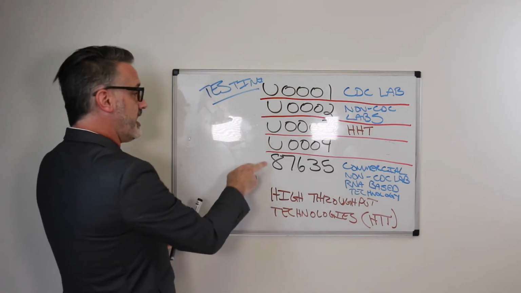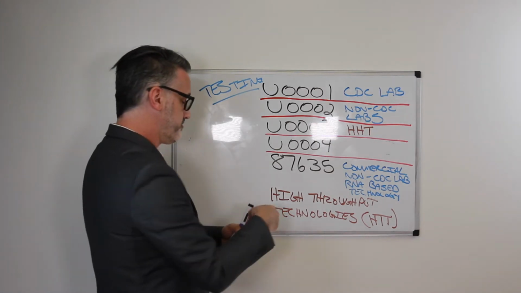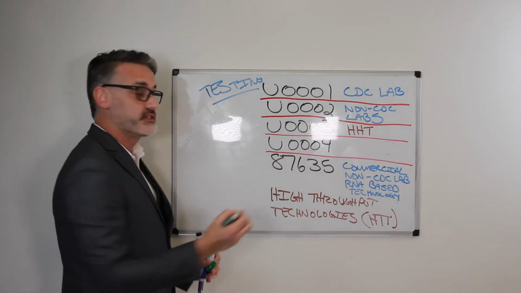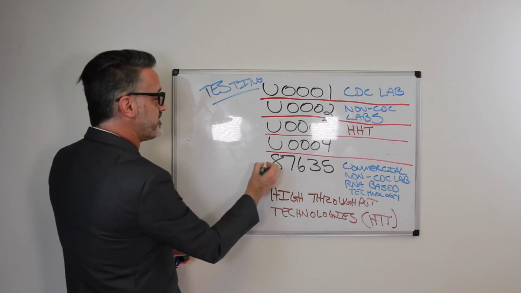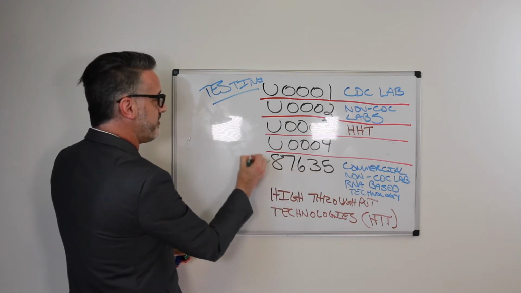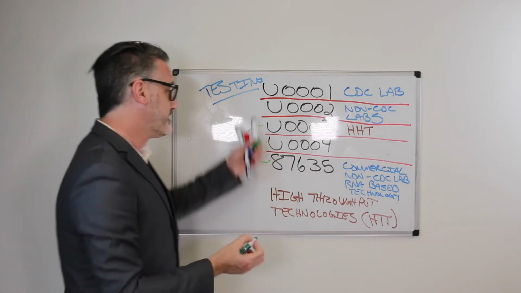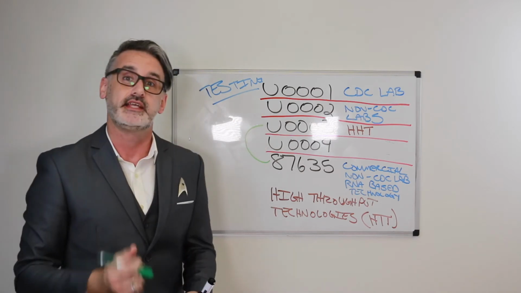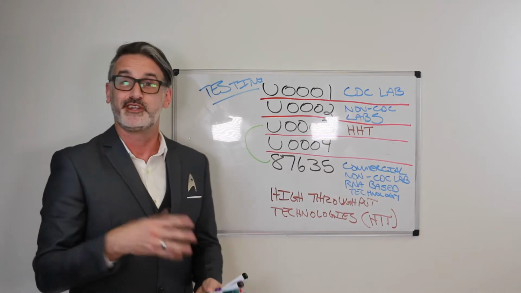So while 87635 is for RNA-based technology, if you want to use an 87635, but instead it's done through the high throughput technologies, then the 87635 becomes the U0003 code. That's how I'm linking it together, based on the different types of technology used.